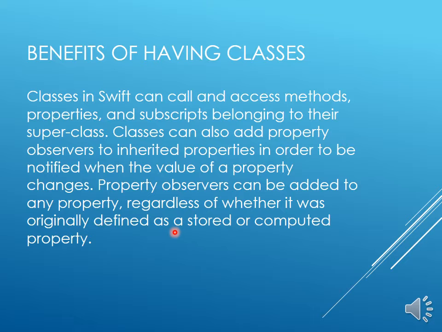But they can modify the function inside their own class, not in the superclass. The superclass will remain as it is. Classes can also add property observers to inherited properties in order to be notified when the value of a property changes. Property observers can be added to any property, regardless of whether it was originally defined as a stored or computed property.